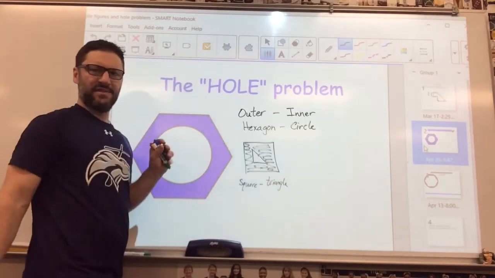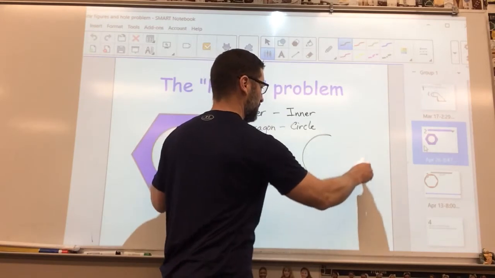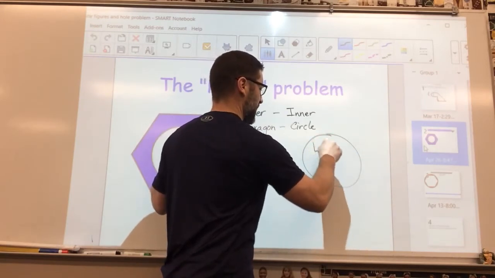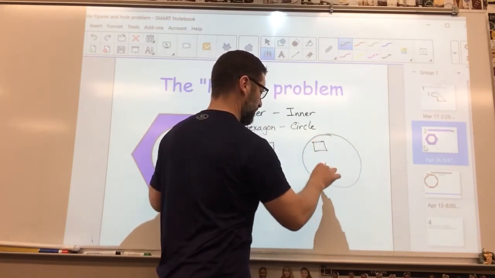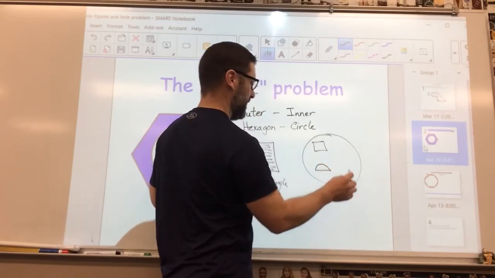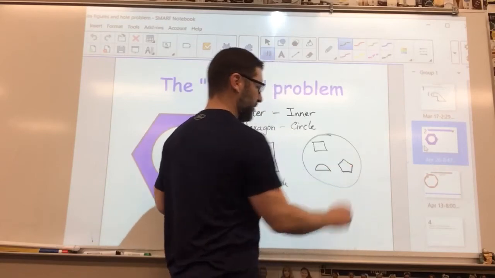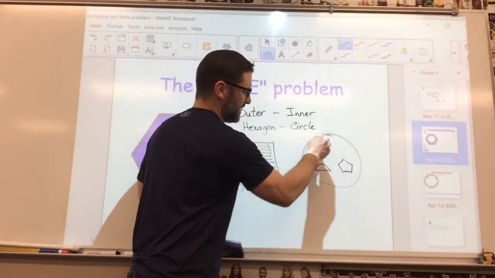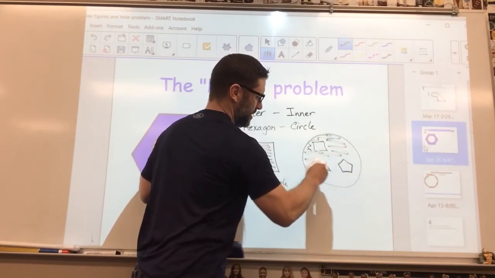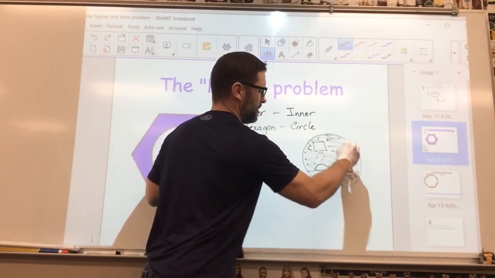And even sometimes maybe we'll have a, I don't know, maybe we have a circle, and then we have a square, and a half of a circle, and then we have, I don't know, maybe we have a pentagon in here. That would actually be a really hard problem. And then maybe it has this shaded area, and I'm just totally making this up.